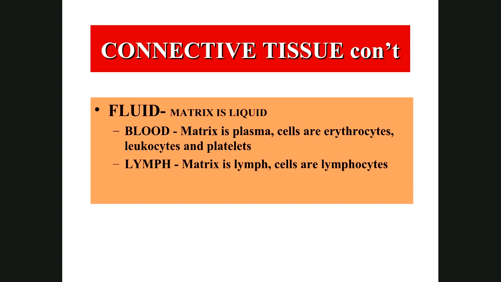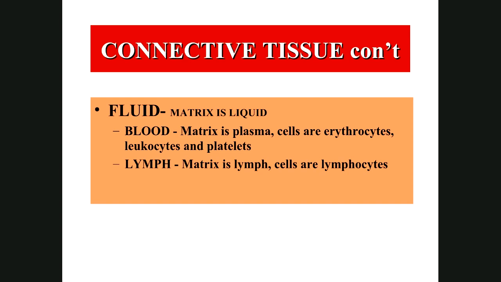We say that blood is connective tissue because in between the blood cells is the plasma, the liquid portion of the blood, which is actually a light yellow. The red blood cells are floating in that, and they're not connected. So we say that the erythrocytes, or red blood cells, are floating in a liquid matrix of plasma, and therefore it's classified as a connective tissue.